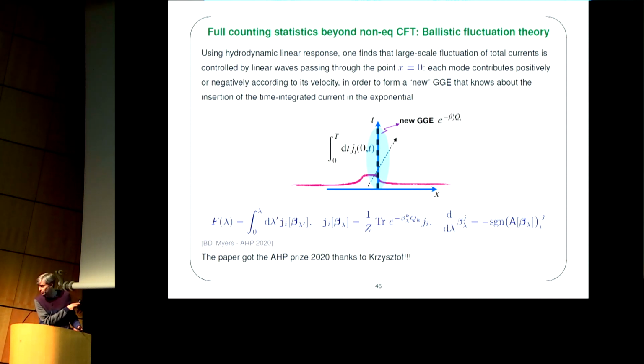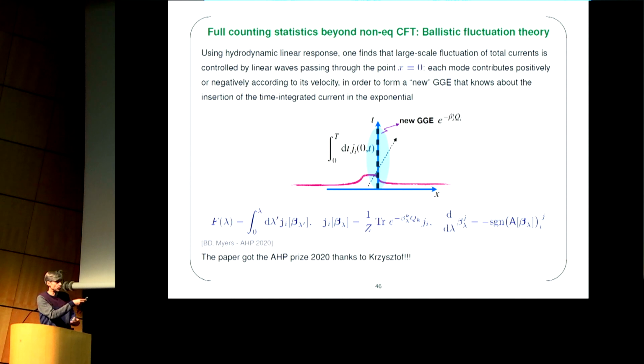So again, the flux Jacobian is involved there. It appears somehow magically in this formula. But what appears is the sign of the matrix. So you need to take the sign of its eigenvalues, in the right basis. Okay, change the basis to its eigenbasis. And this describes essentially the full f of lambda.